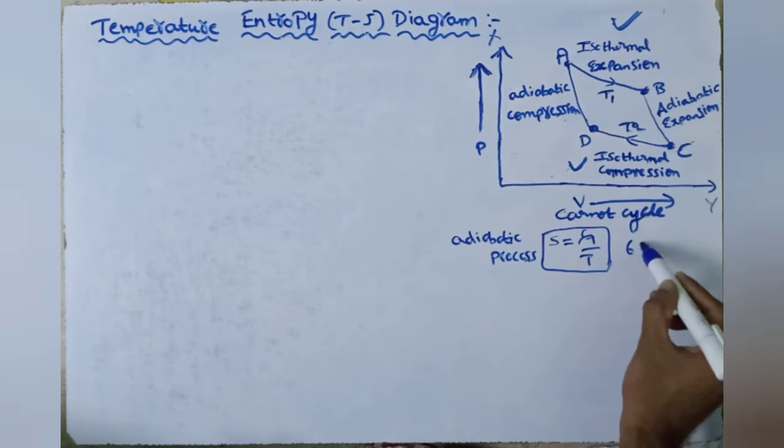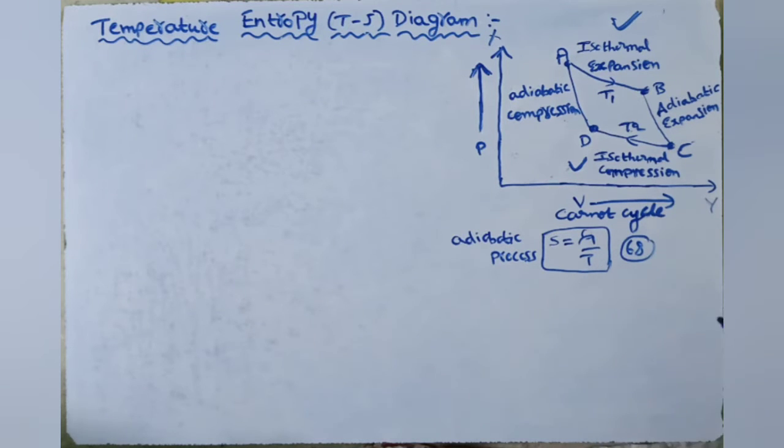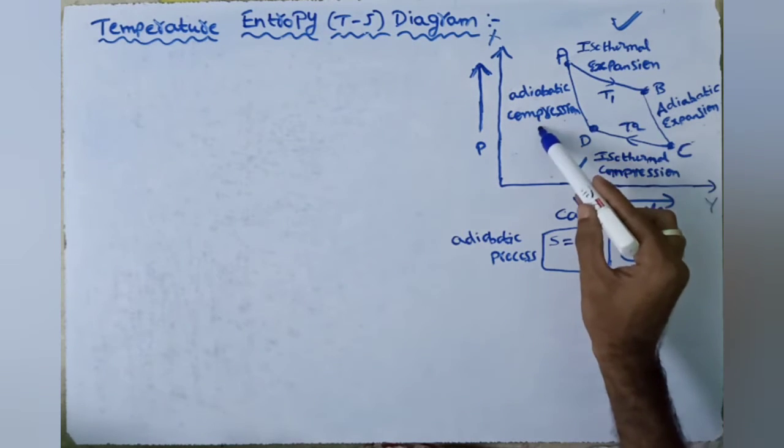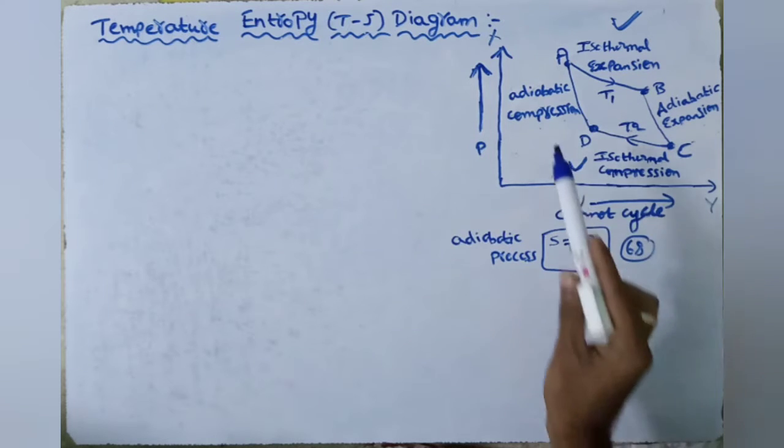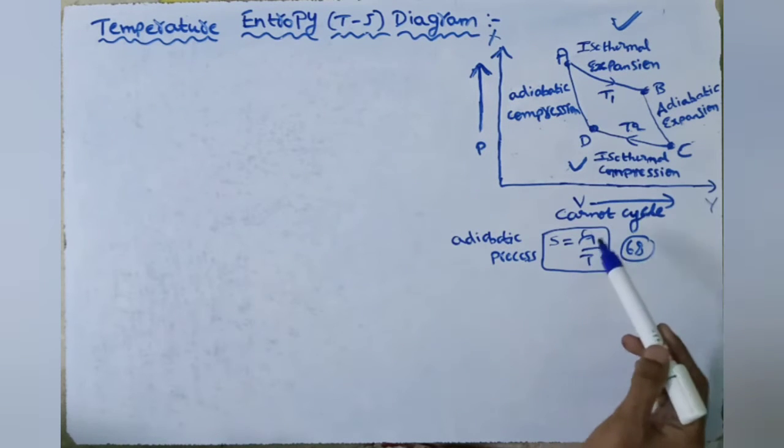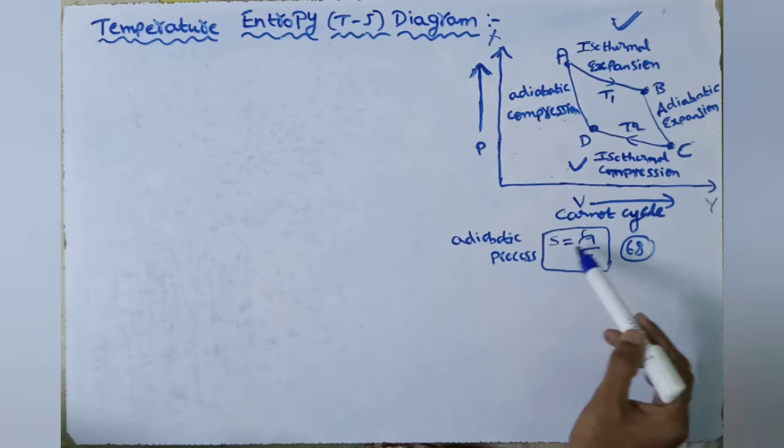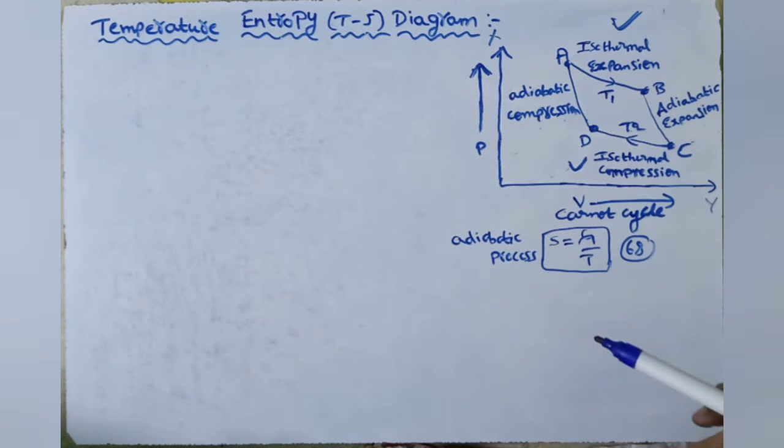In page number 68, it is said that as in isothermal expansion or compression temperature is constant, like that in adiabatic expansion or compression entropy is constant. Entropy is dQ by T. You can recall the concept in page number 68.